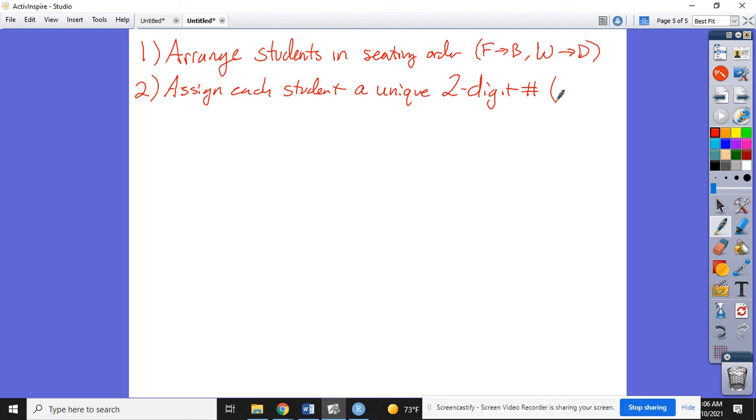So what would those be? What's step 3? Read the table.